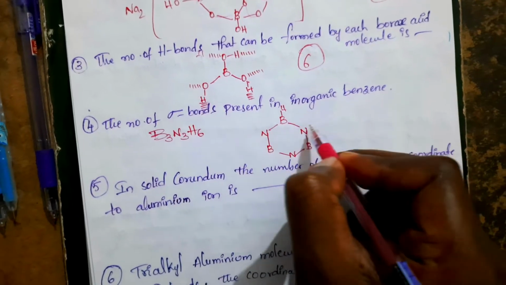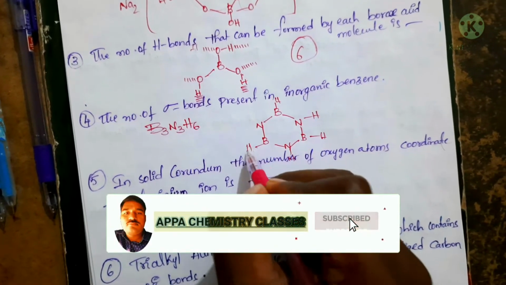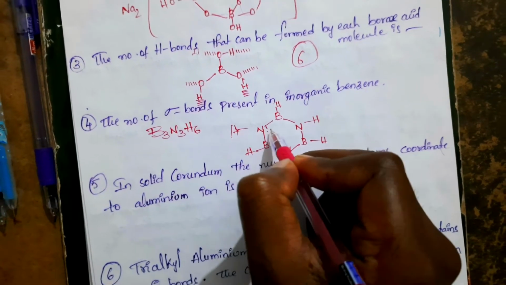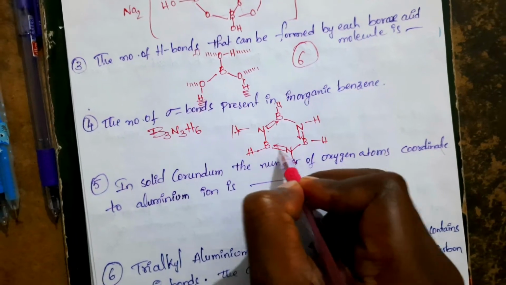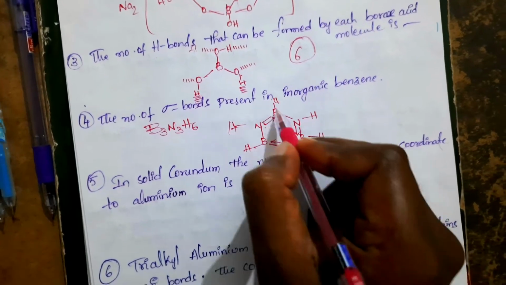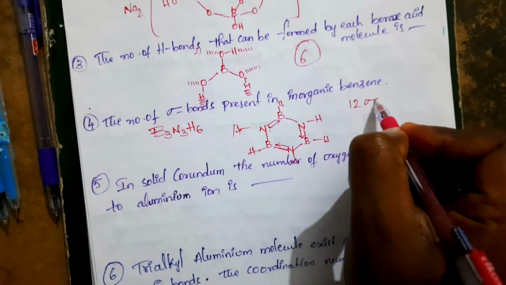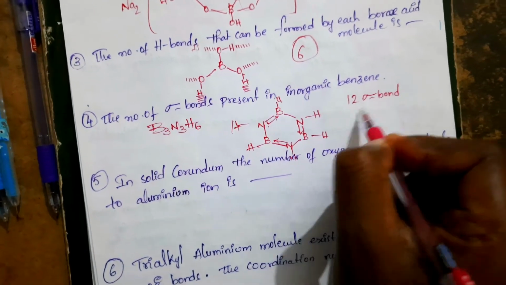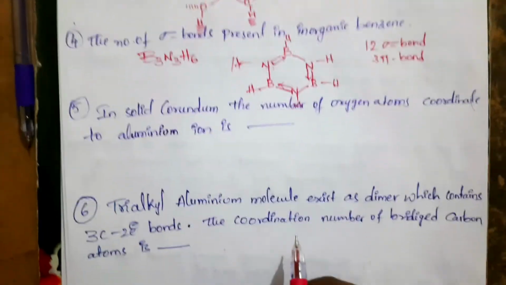Each boron and nitrogen gives 1 hydrogen, so there are 6 hydrogens. The nitrogen containing a lone pair can donate it here. How many sigma bonds are there in the ring? 6, and outside, each hydrogen atom 6. Total 12 sigma bonds are there. How many pi bonds are there? 3 pi bonds. Is that clear? Now next one.